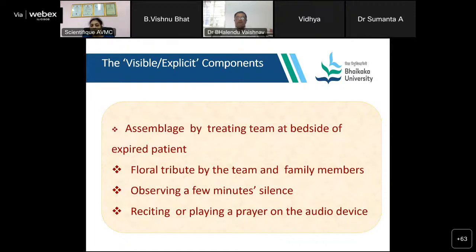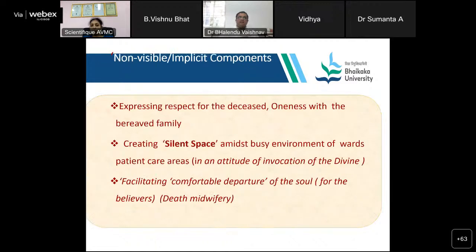This, in one slide, is what is called Code Krishna, what is visible, but there is an invisible or implicit component. When we stand beside the patient's body, it means that the team connects with the family and expresses respect for the deceased and oneness with the bereaved family.